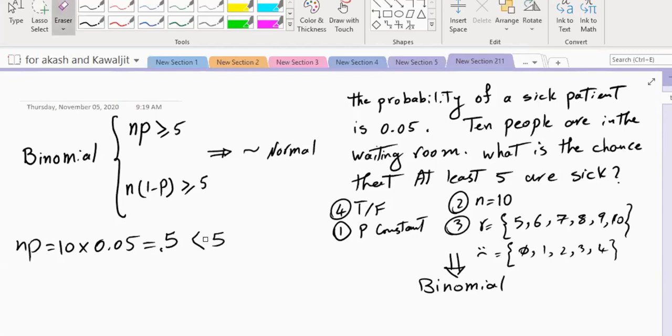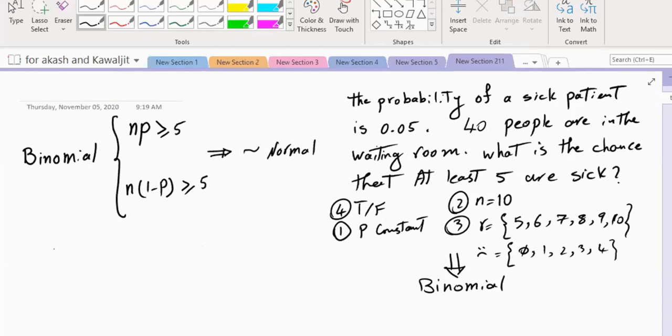Now, let's see what happens if the number of patients sitting there is 40. So there are 40 people in the waiting room now, and we want to know what is the chance that at least 5 are sick.